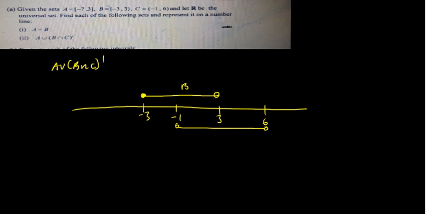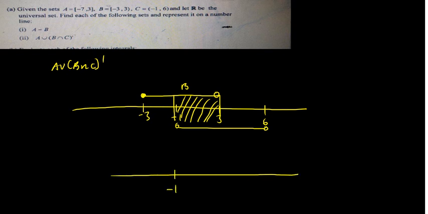So where are these two sets intersecting? It's here. I'm going to put that on the same number line from -1 up to 3. We see -1 is not part of C, so it will not be part of the intersection. And 3 is also not part of B, so it will not be part of the intersection. So this is B intersection C.